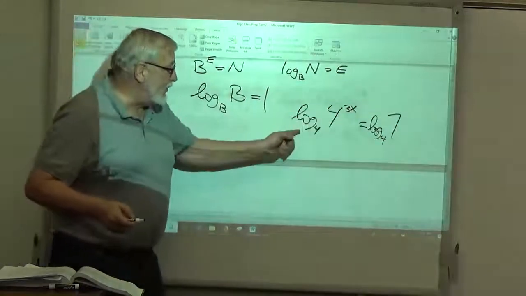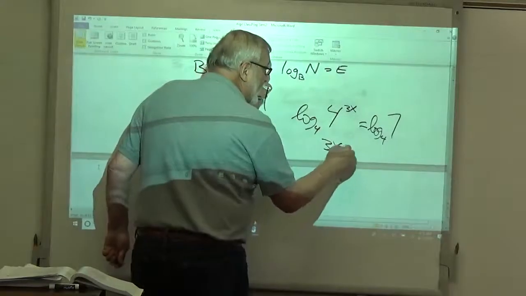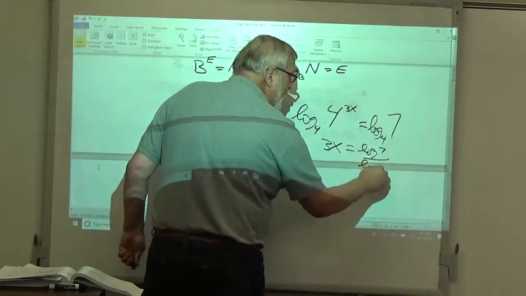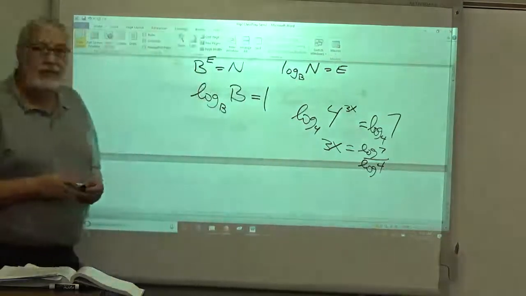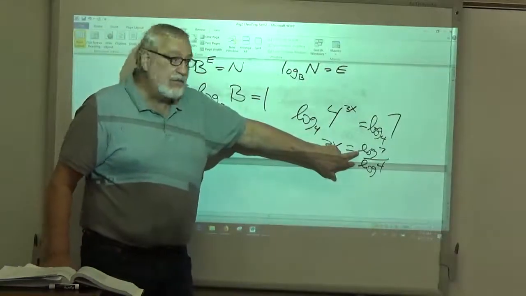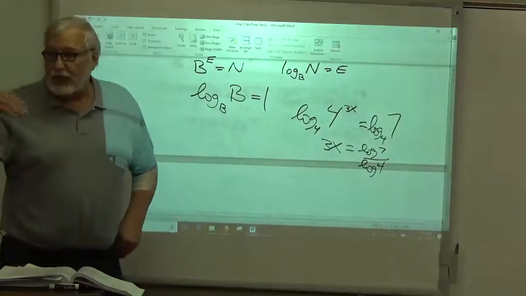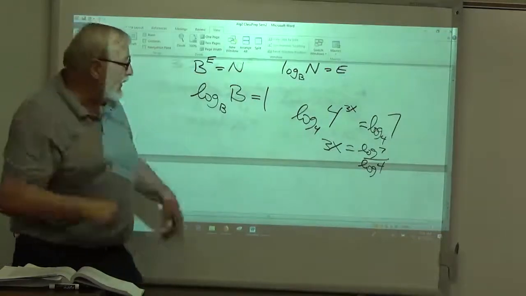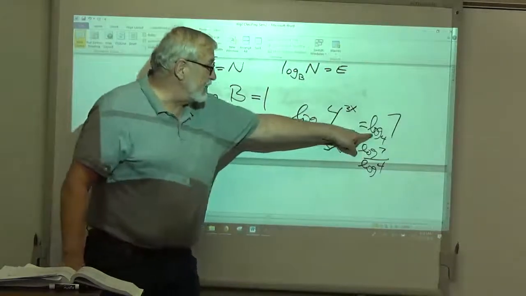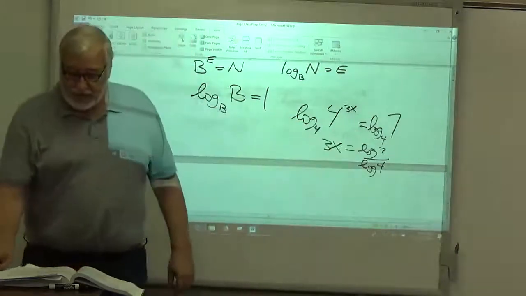Then these two equal 1, so I have 1 times 3x. So that's 3x equals log 7 divided by log 4. We'll go back over this. This conversion from different logs to base 10 logs is so important to know, because your calculator can get you this answer in a heartbeat. So that's what we're going to center on today.